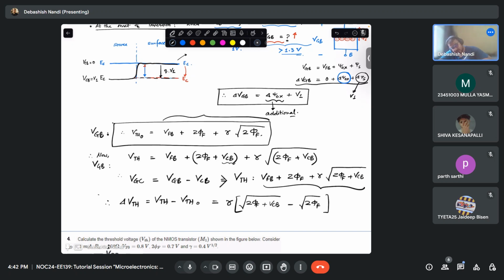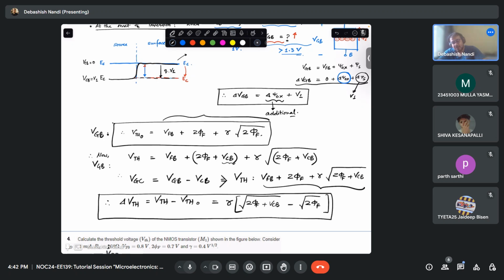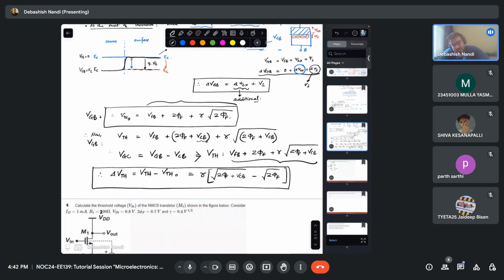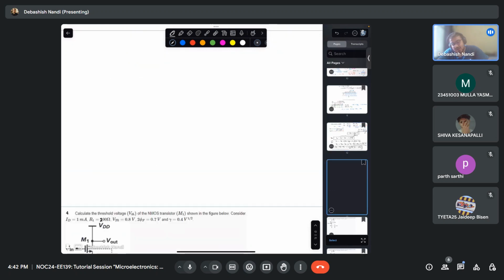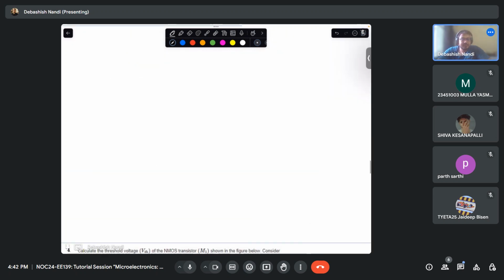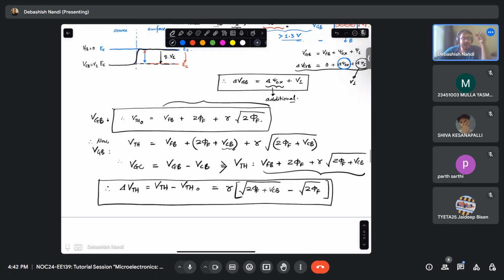Okay. So this is the manifestation of body effect. That body effect increases your threshold voltage, or the amount of gate voltage required to get a certain level of inversion.